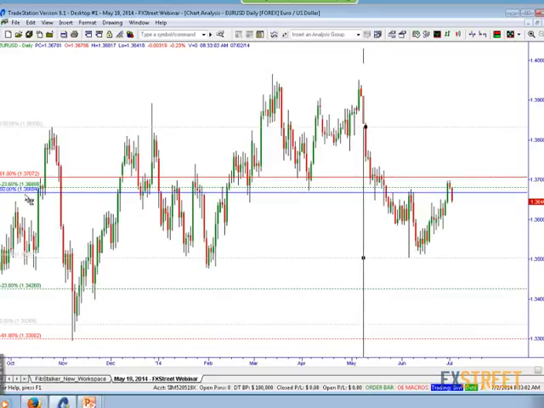I mentioned this area 136.68 as the start of a short area here with a stop of 137.08, and Pantelis, as you can see, that anchor kept working very, very well.